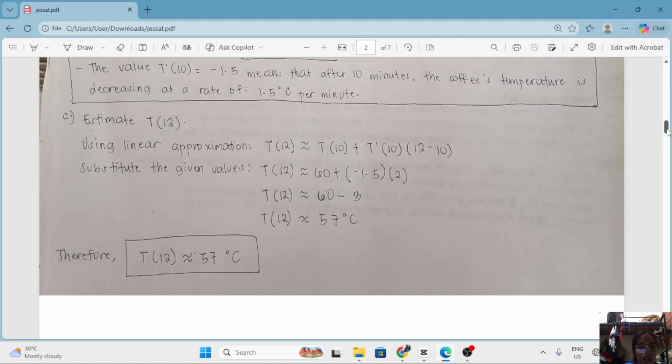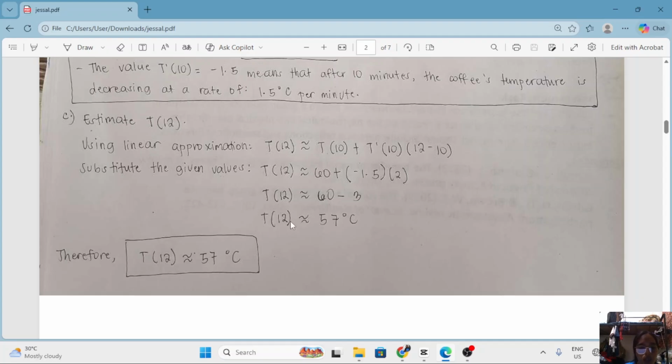Estimate the T of 12. So using linear approximation, we can say that T of 12 is approximately T of 10 plus T prime of 10 multiplied by the quantity of 12 minus 10. So we substitute the given values. So T of 12 is equal to 60 plus negative 1.5 times 2.